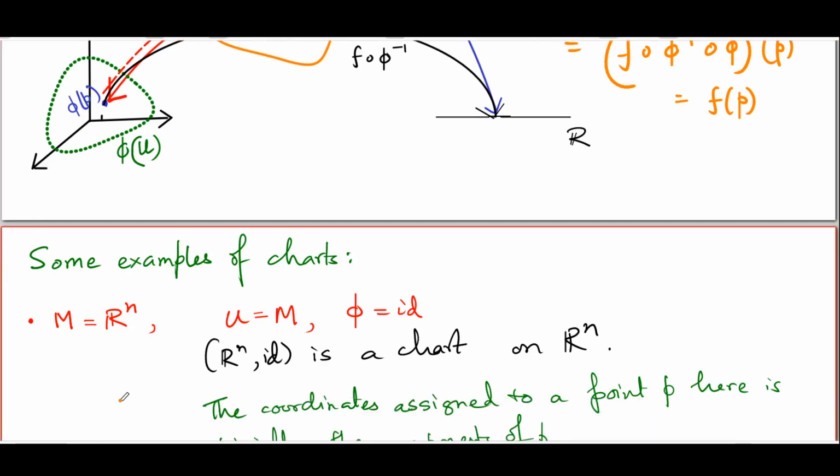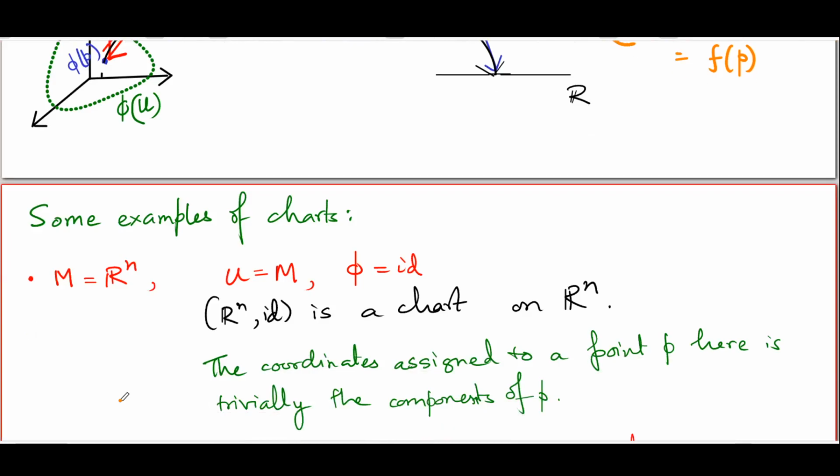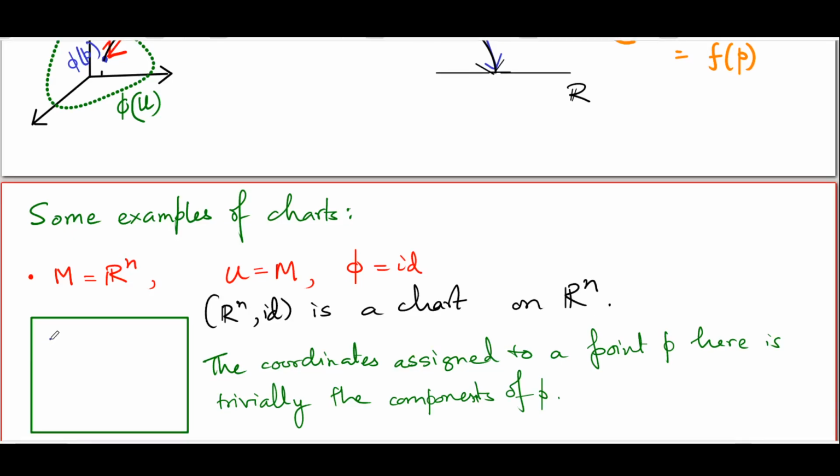Here, the coordinates assigned to a point P are trivially nothing other than the components of P. So the coordinate functions x1p, x2p, x3p, ..., xnp together make up nothing but the identity map, something which maps P to itself. But before we move on to our second, slightly more non-trivial example, let me emphasize two important points.